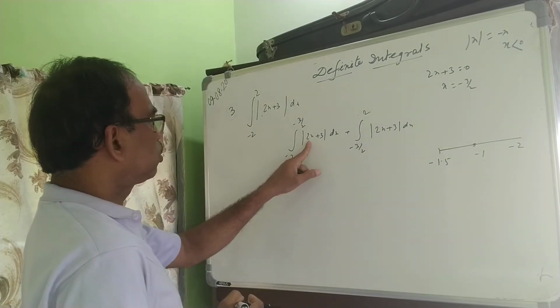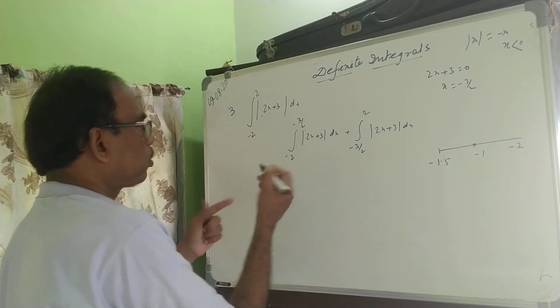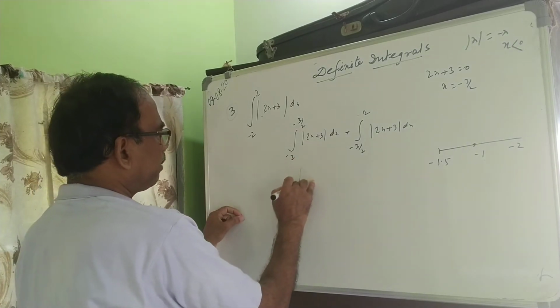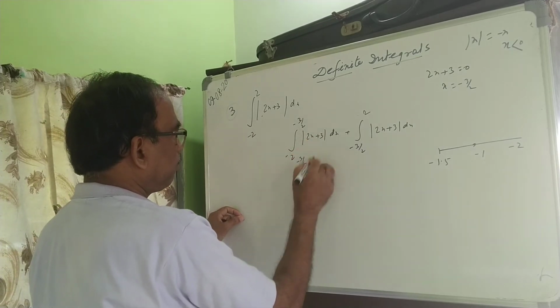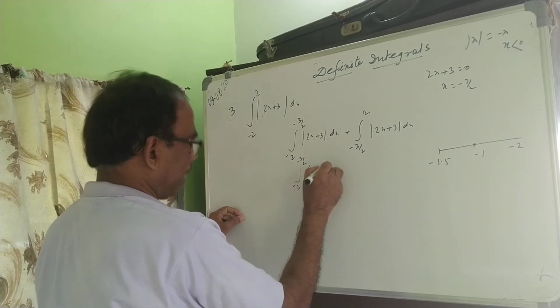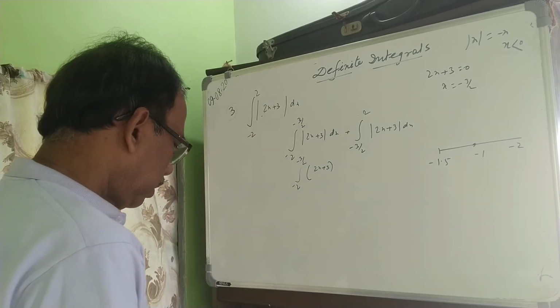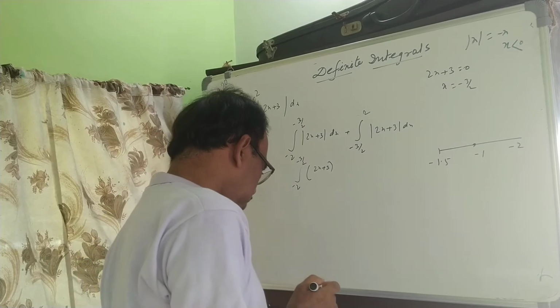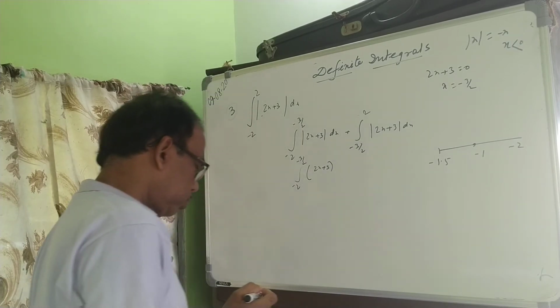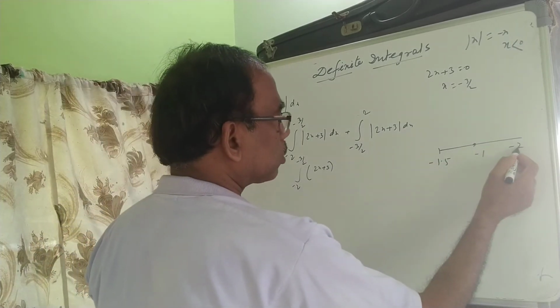So minus 2 plus 3, that is positive. So if you remove the bracket, minus 2 to minus 3 by 2, remove the modulus, this will be 2x plus 3. This will be positive.